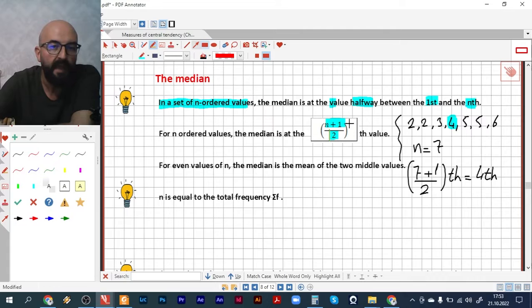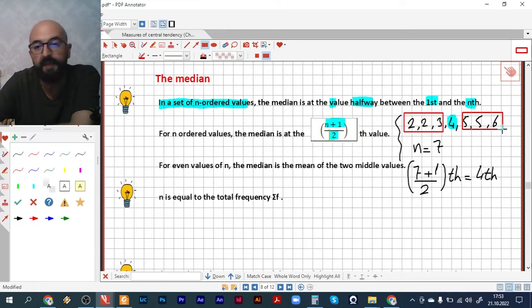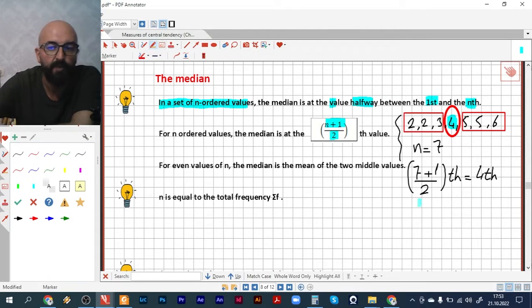Because we have three data on the left, and three data on the right, the middle of these ordered numbers is the 4th number, and we can find it by using this formula.